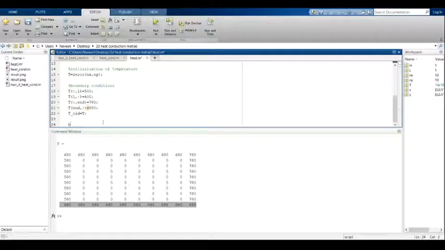I'm defining the beta, which I have told is delta x by delta y whole squared. I forgot to define delta x and delta y, so I am defining them here itself. dx is L by nx minus 1, dy is equal to h by ny minus 1.